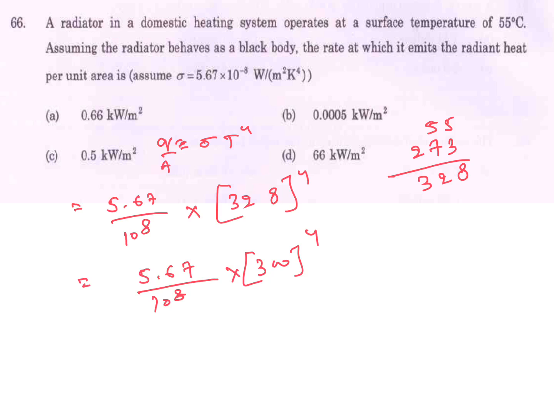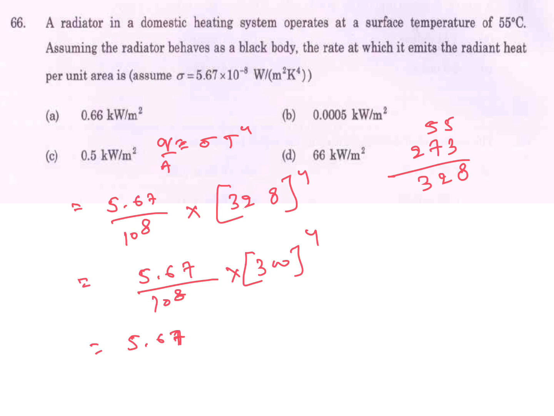If we calculate 5.67 into 10 to the power minus 8, and 300 to the power 4, the zeros cancel, then 3 to the power 4 is 81.